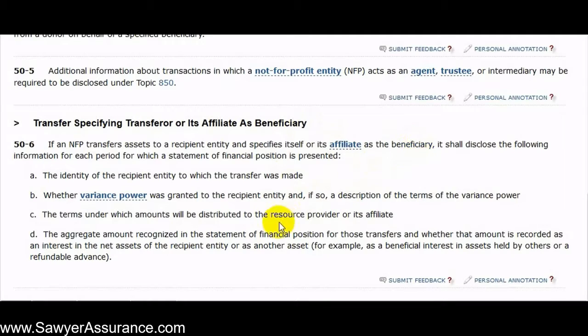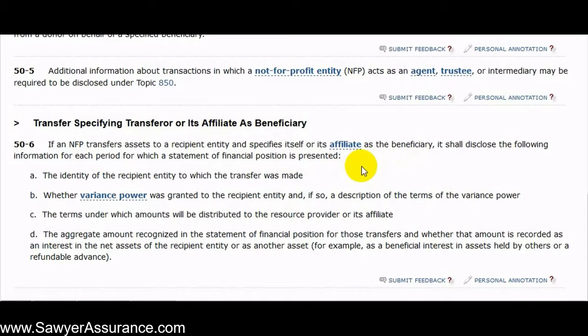And so in the resource provider's financial statements, they should disclose the following information for each period for which the statement of financial position is presented. This is specifically for equity transactions, not necessarily a donation or anything like that. It's an equity transaction that the resource provider gave to the recipient entity, and it doesn't expect those funds back, although it specifies itself or an affiliate as a beneficiary of the return on those funds.